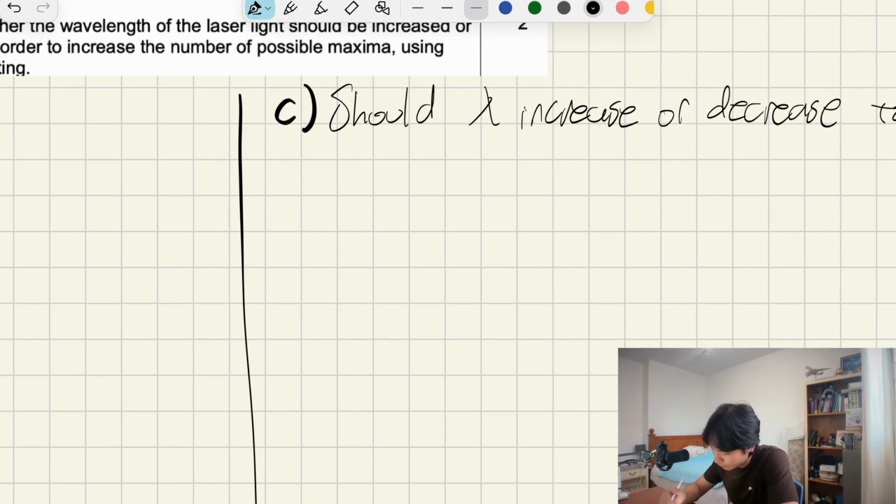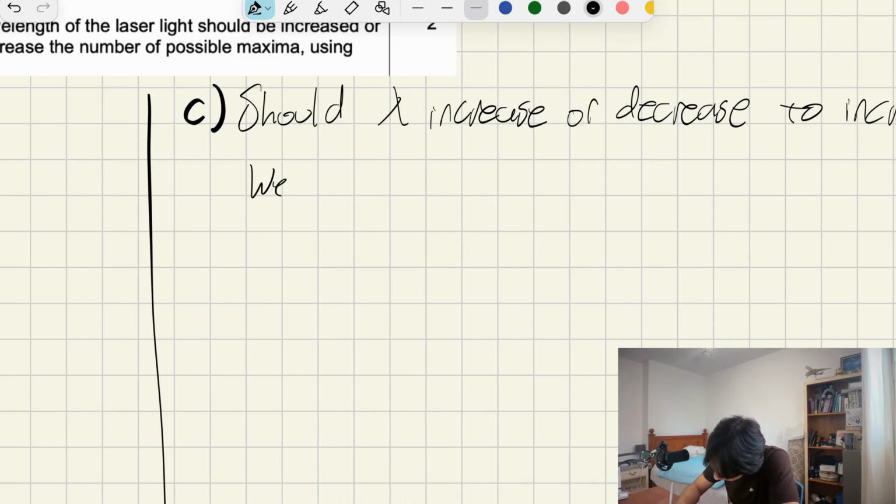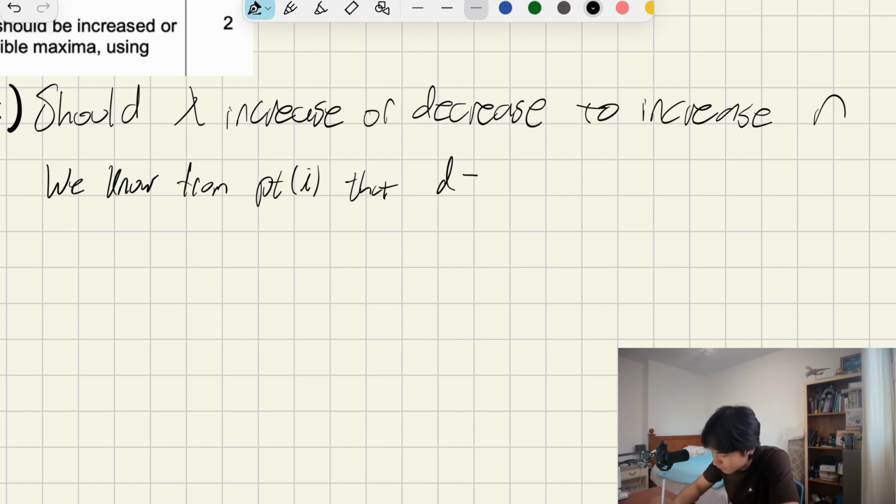So since we know the formula from part 1, that d is equal to n lambda times sine theta n, right?